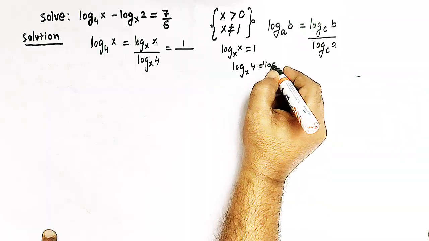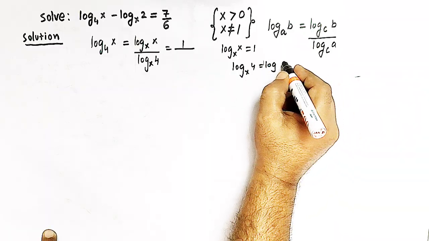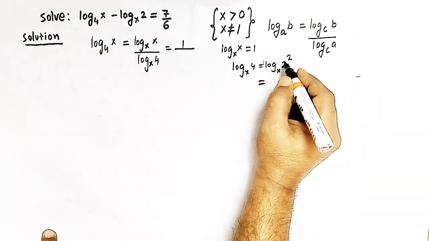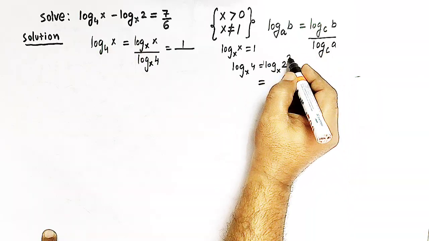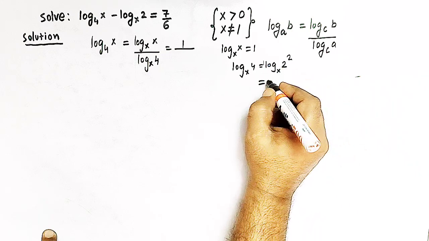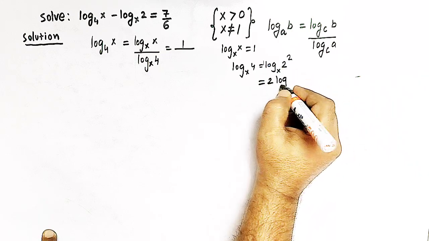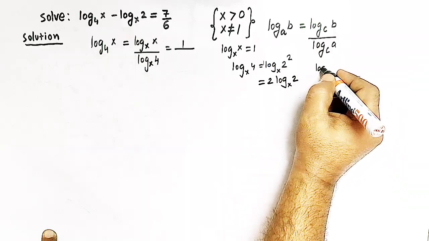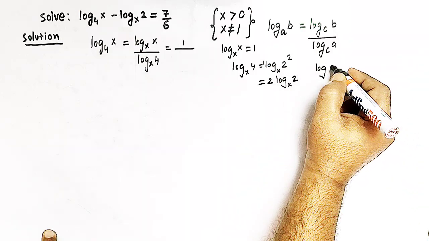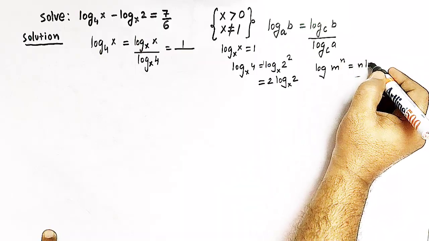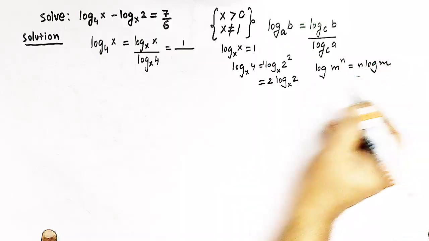So here we can now write this 4 as 2 square. Here we have x, and using the properties of logarithm, we can take this 2 in front of this logarithm. So we have 2 times log 2 to the base x. So here we have used this result, that is log of m raised to n is given by n times logarithm of m, right?